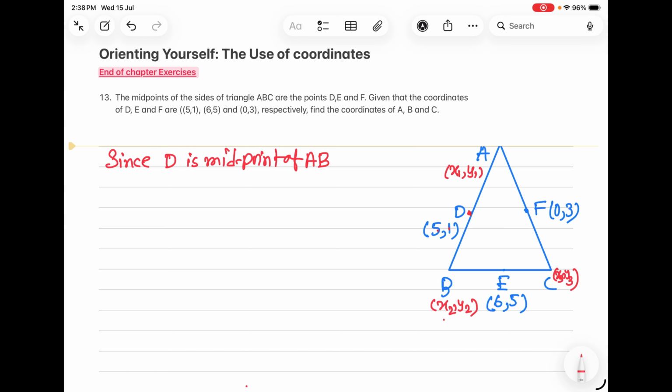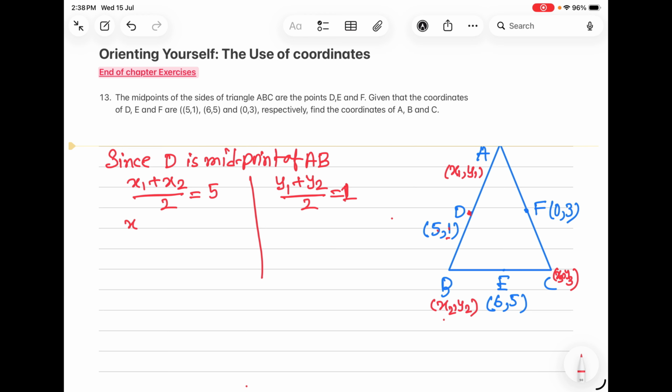So x1 plus x2 by 2 equals 5, the first coordinate of the midpoint D. Similarly, y1 plus y2 by 2 equals the second coordinate of D, that is 1.